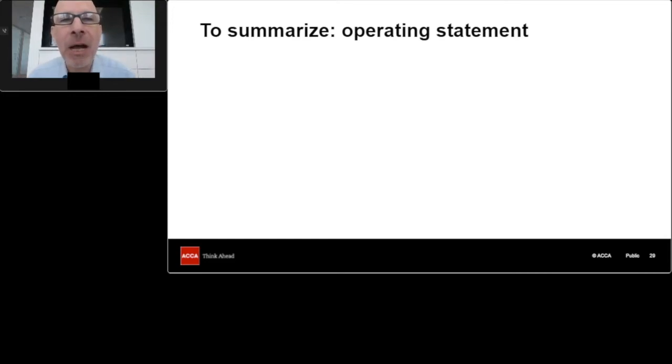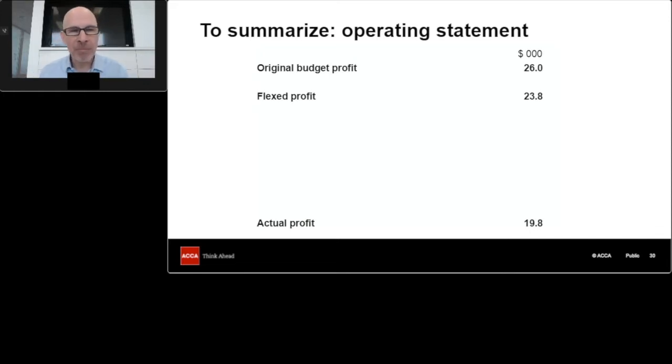Now that we've done the breakdown of the variances using that approach, we can prepare an operating statement. And this will let us control the business with more precision. So let me show you what that would look like. Well, we know our core problem.